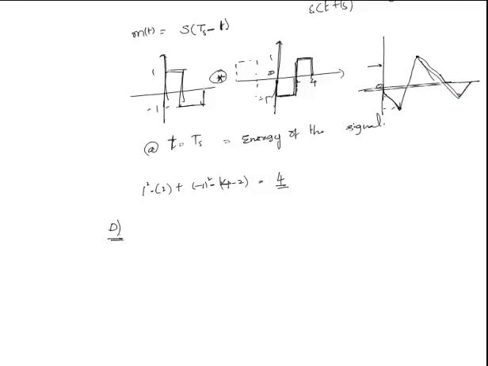At t equal to 2, it's maximum. At t equal to 4, it's negative maximum, -2. At t equal to 4, that is the symbol interval itself, the value is 4. And this is 0 again, this is -2 again.